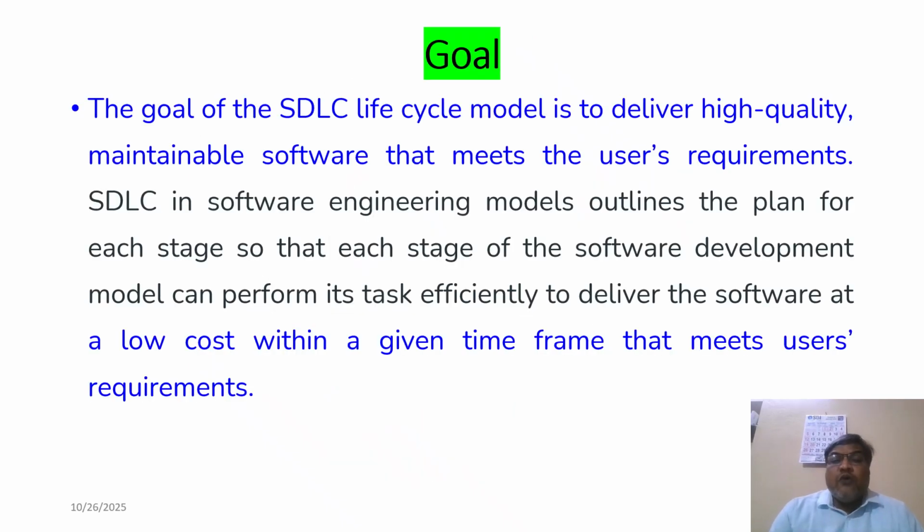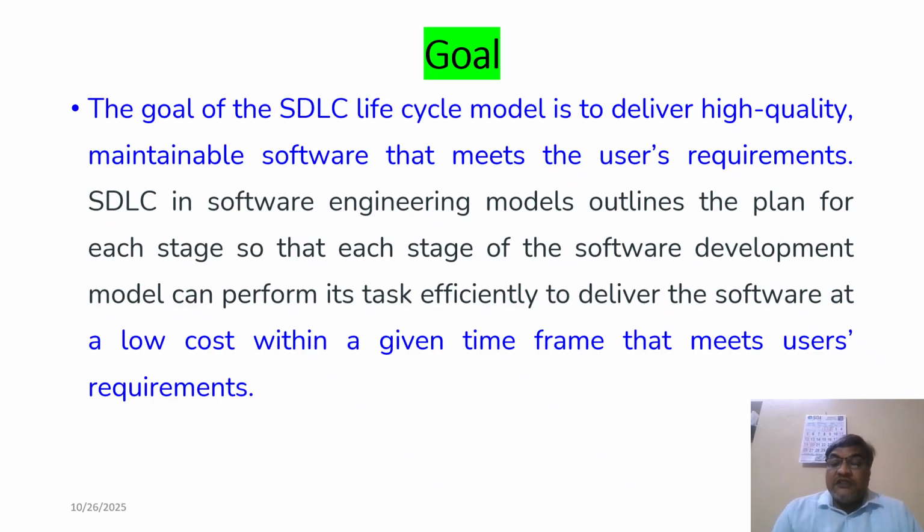The main objective, or we can say goal, of the SDLC process is to deliver a high quality software to the customer that meets the customer requirements. So careful planning is carried out in each stage, and there we can make changes appropriately for reducing the errors and to deliver a quality product.